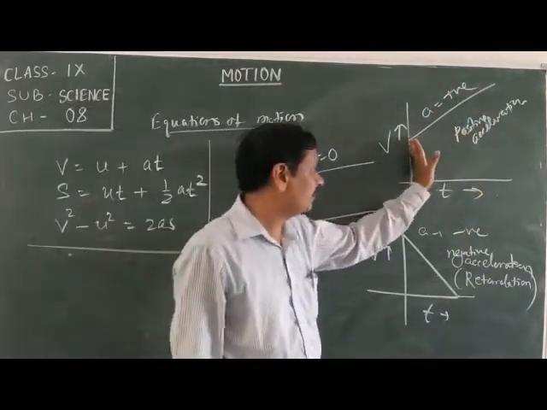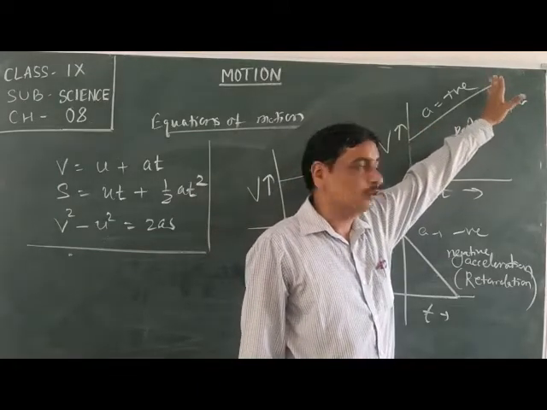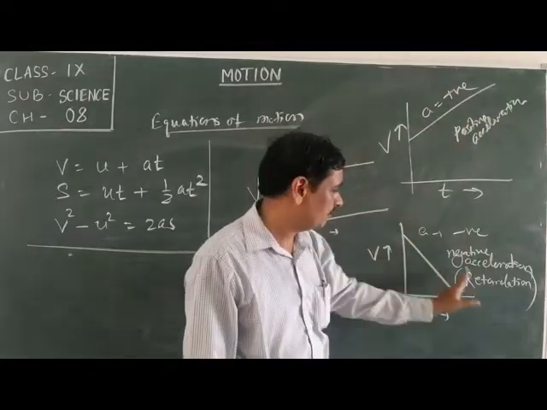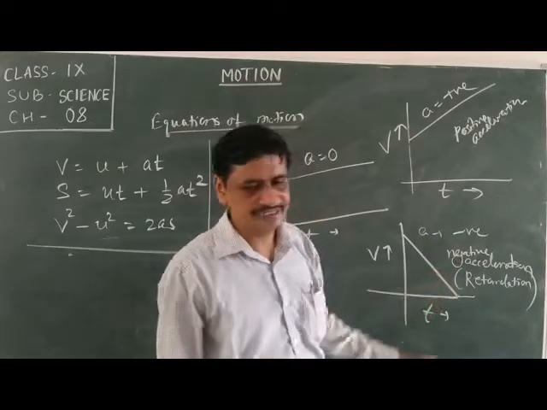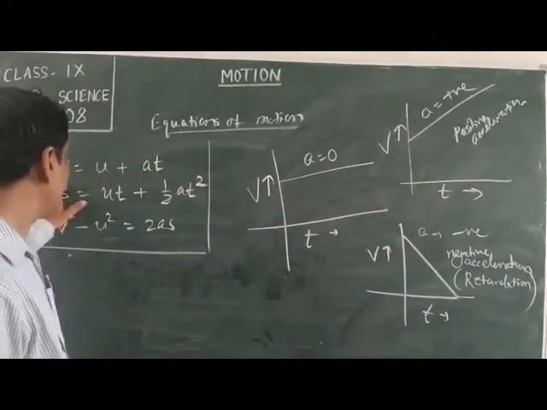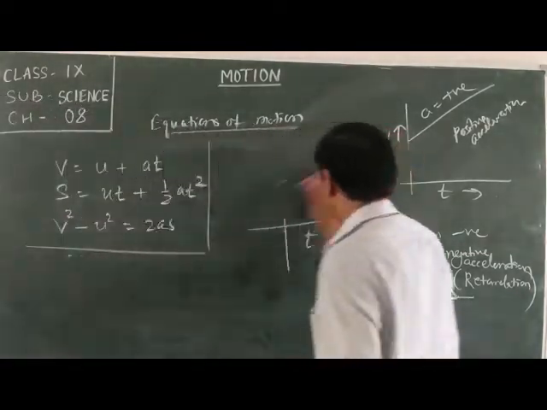After a time interval, the velocity will increase here. Acceleration is positive. After some time, the velocity is decreasing, so acceleration is negative here. Next we will derive the equations of motion graphically. How to derive it?